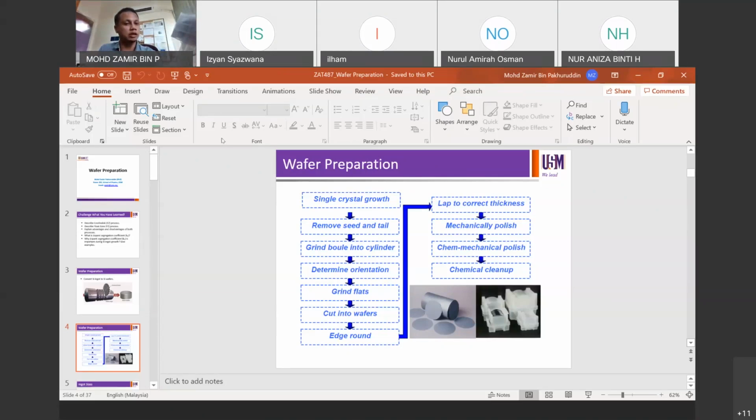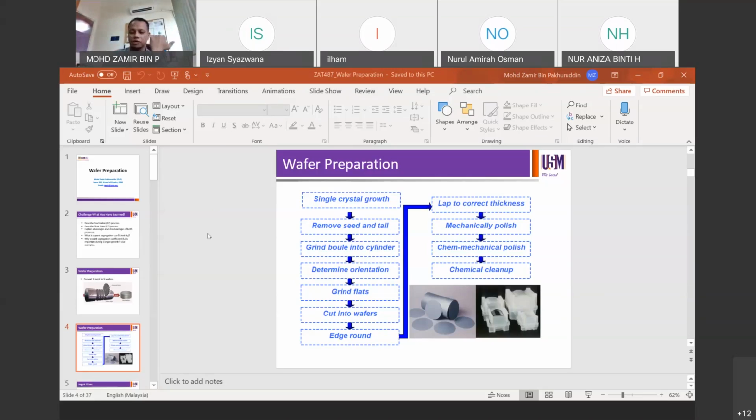Diameter is 2-inch, thickness is 275 micron plus or minus 25 micron as the tolerance, 1 to 10 ohm cm resistivity, and single side polish. So when we cut the wafer like this, the front surface and the rear surface can either be polished on one side, or both surfaces can be polished.